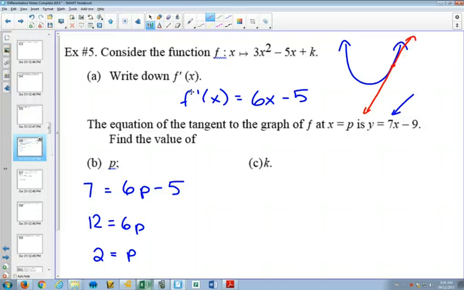I know that that point needs to be on the right side of the parabola because it has to have a slope of 7, because that's given in my tangent line. So it has to be on the right side of that. And I just figured out that that point is 2 comma something.